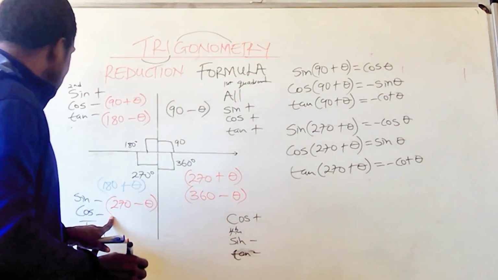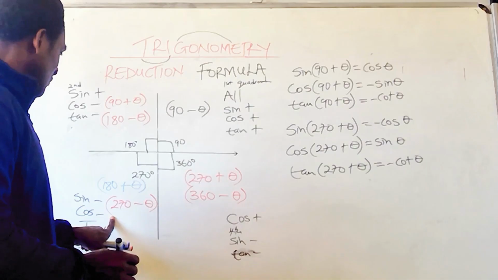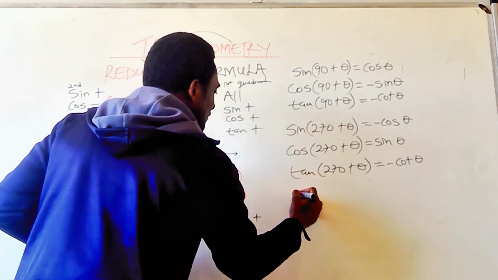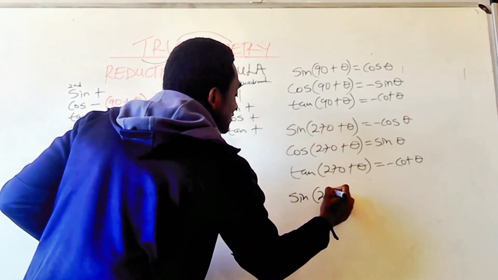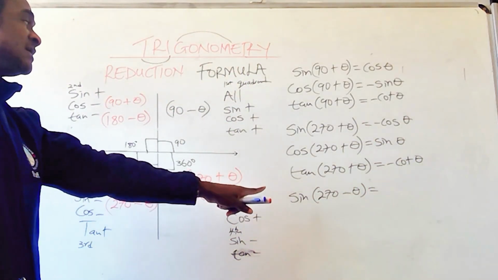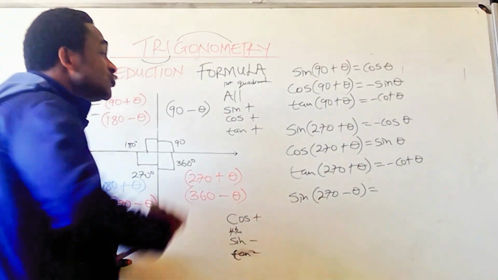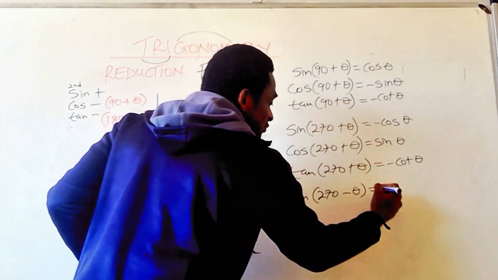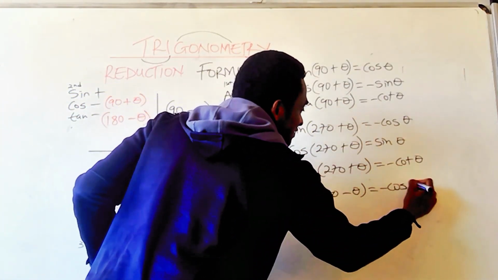Now let's look at the third quadrant. If we have sine of 270 minus theta, sine is negative here, so the cofunction will be negative cos theta.